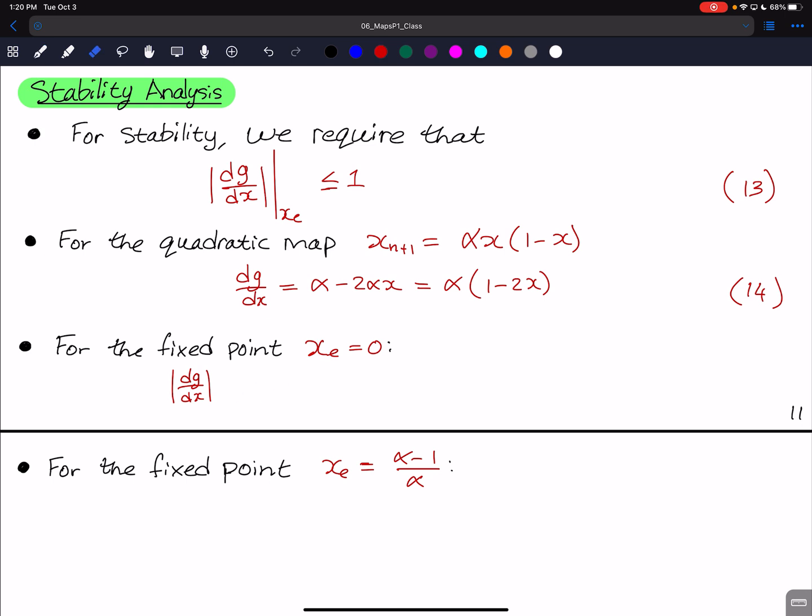Hold on, let's add that we're evaluating here at x equal to 0, and this is equal to alpha times 1 minus 2 times 0, which is equal to alpha, and therefore xe equal to 0 is stable for alpha less than or equal to 1.